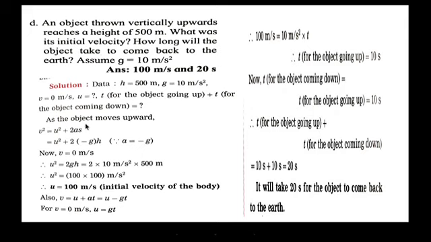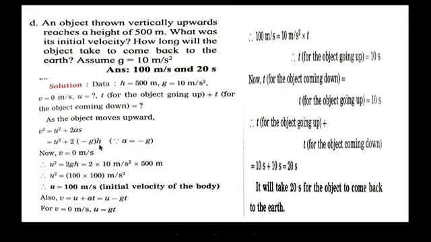Okay, now as the object moves upwards, we have v square is equal to u square plus 2as. Okay, so v is 0, so we have 0 is equal to u square plus 2. A is minus g. Acceleration due to gravity is g, and since it is moving upwards, it is minus g.